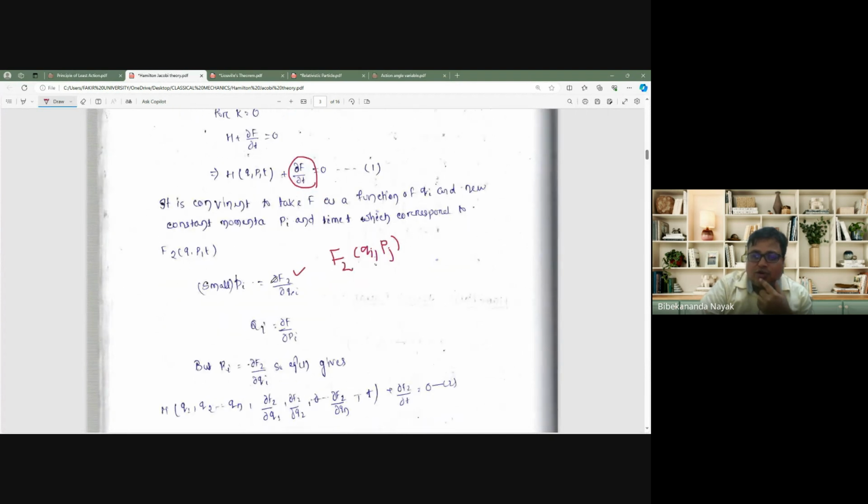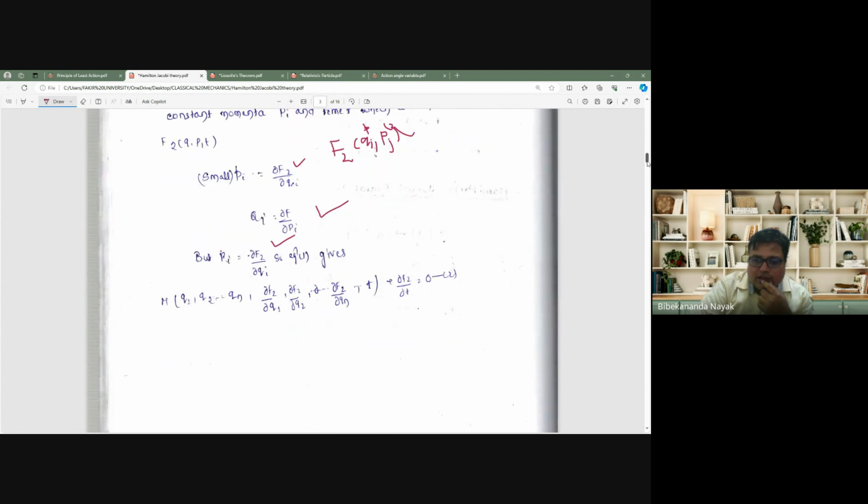Then if our function is F2, then Qi will be del F by del Pi. According to our formula for generating functions, pi is equal to minus del F by del qi. Because small q and capital P are known, we have to calculate small p and capital Q. And the Hamiltonian: H plus del F2 by del t is equal to 0.